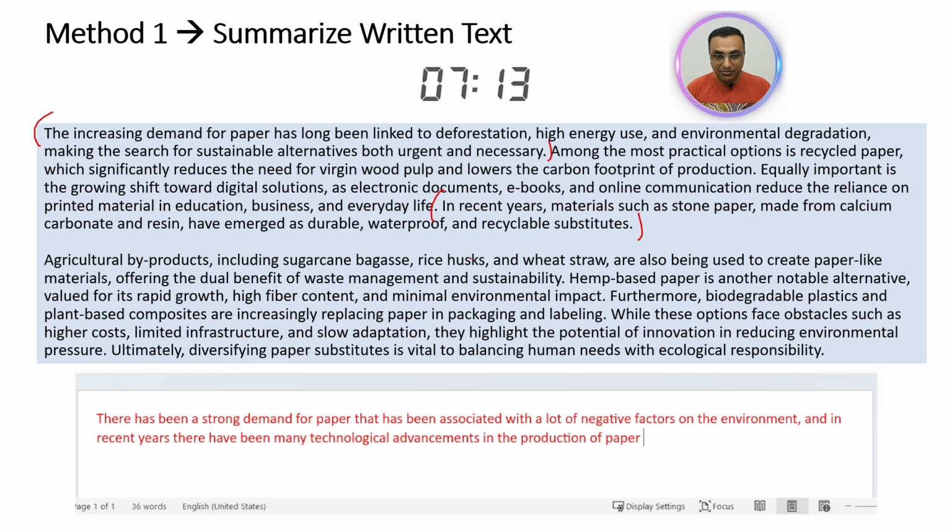There has been many technological advancements. There have been many technological advancements.